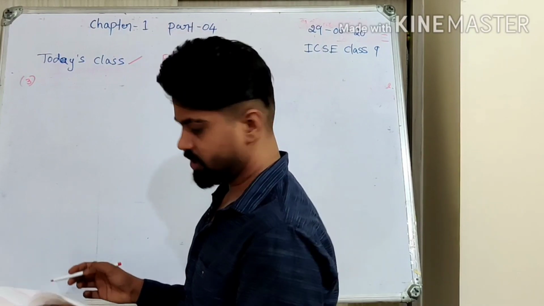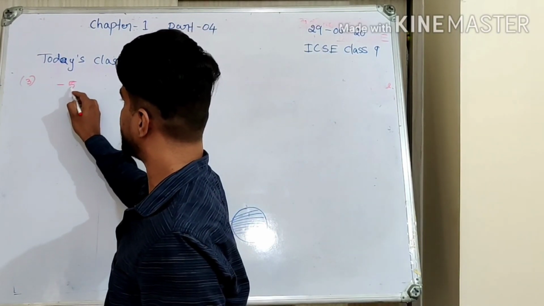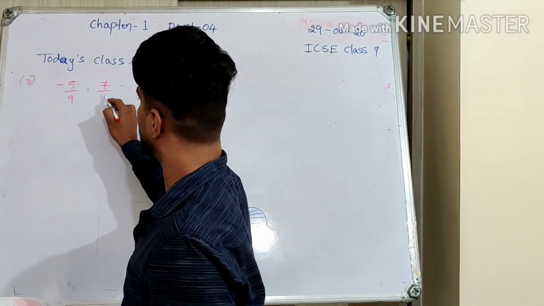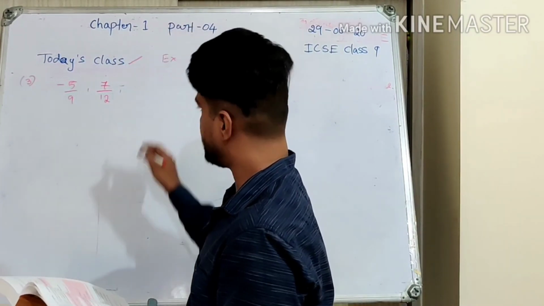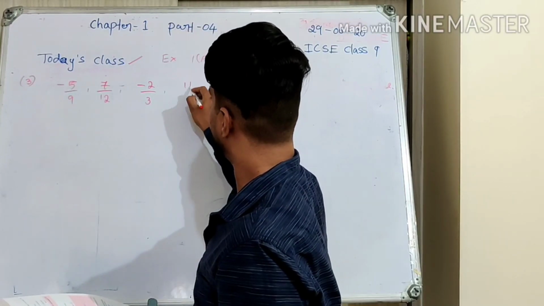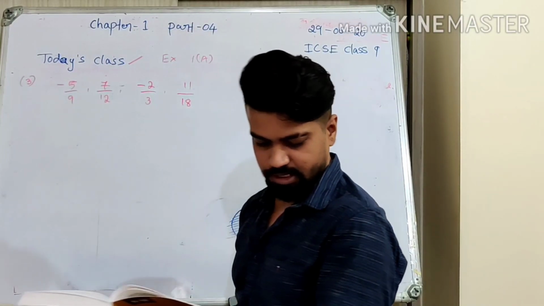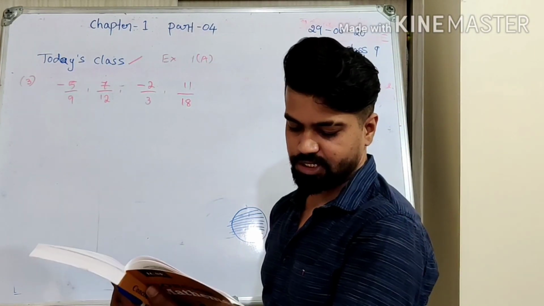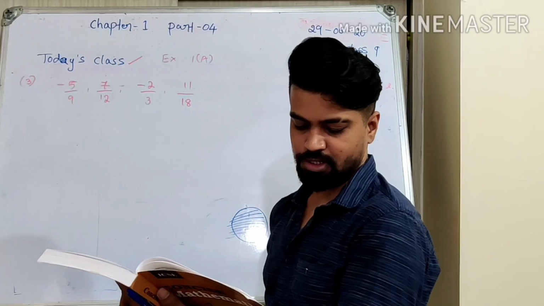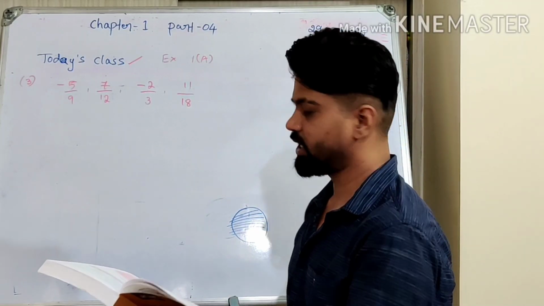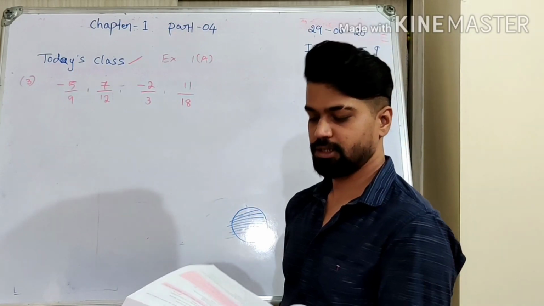These are the numbers given: minus 5 by 9, 7 by 12, minus 2 by 3, and 11 by 18. In the ascending order I have to write. Also find the difference between the largest and the smallest of these rational numbers. Express this difference as a decimal fraction correct to one decimal place.